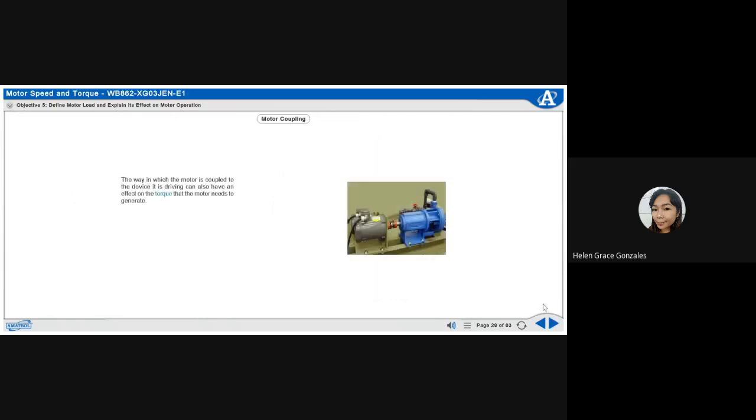The way in which the motor is coupled to the device it is driving can also have an effect on the torque that the motor needs to generate. In some cases, the motor may be directly coupled to the device it is driving, as shown here. However, in many applications, this is not the case.